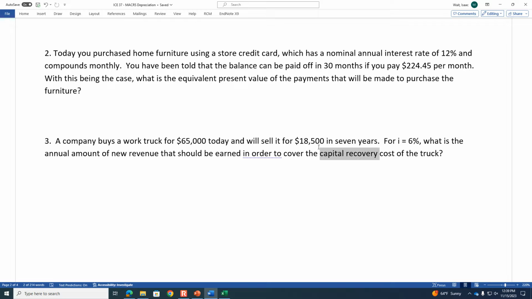So it's the cost of ownership on an annual basis when you take into account the purchase price minus the salvage value. So then here it's being asked, once you know the ownership cost per period, how much new revenue do you have to make? And so that'll be a positive amount, whereas because it's an outflow, the ownership cost is a negative amount.